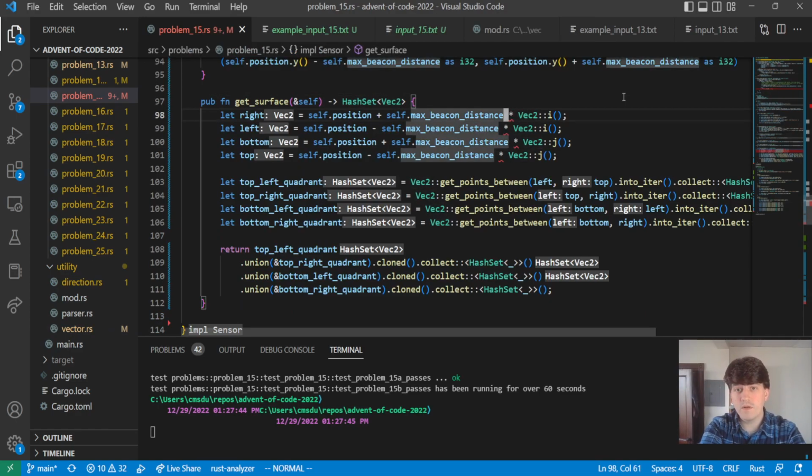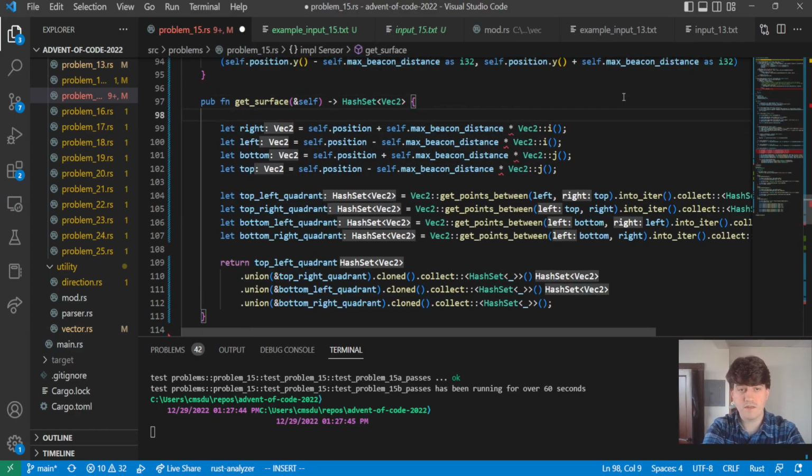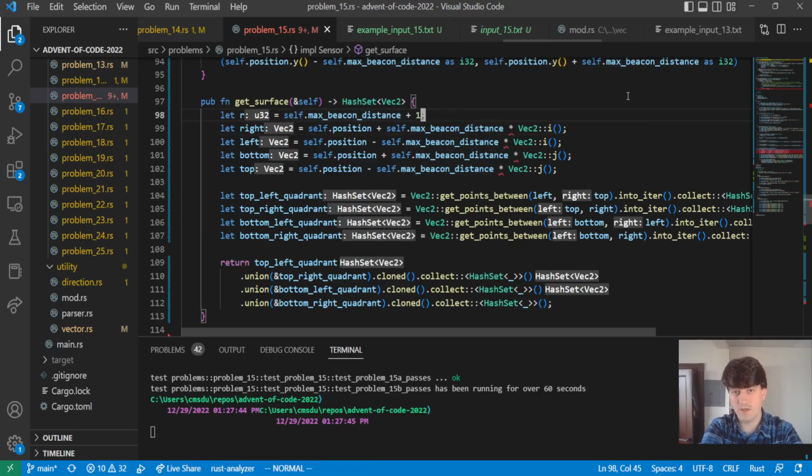Just need to cast these. So let's say let beacon distance. Also, we want this to be +1. So let r equal self dot max beacon distance +1 as i32.